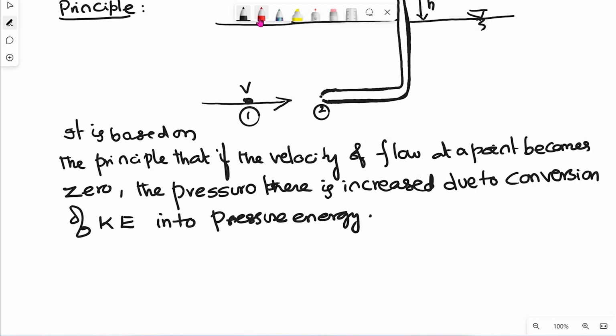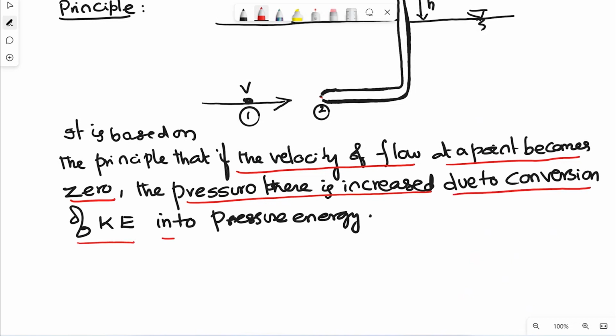Now you see what I have done. It is based on the principle that if the velocity of flow at a point becomes zero, the pressure there is increased. Why is pressure increased? Due to conversion of kinetic energy into pressure energy. Just now I told you it's a right angle bent tube which has an opening at the end at section 2, that means at the nose.